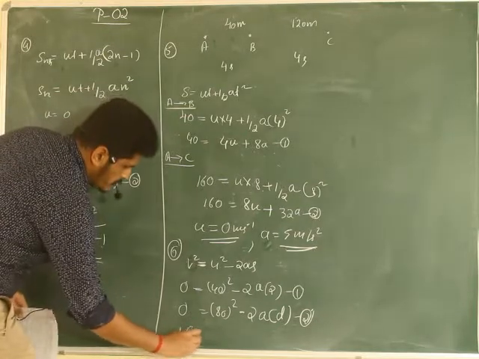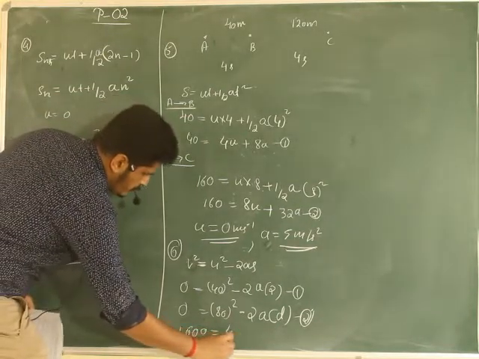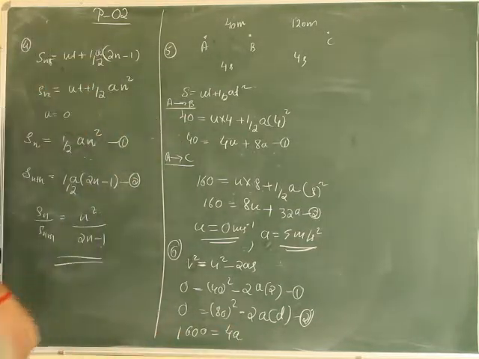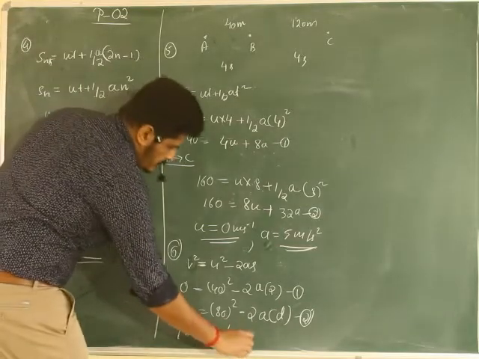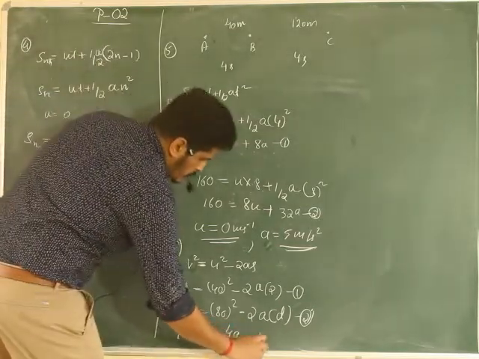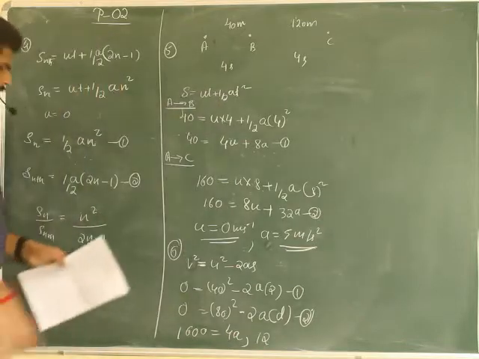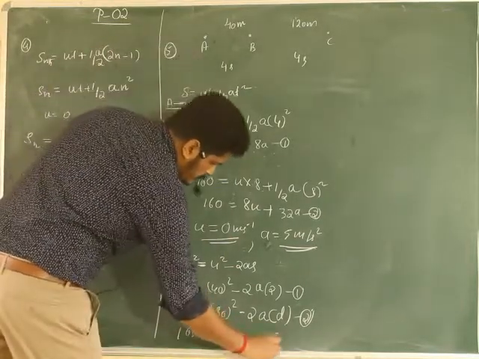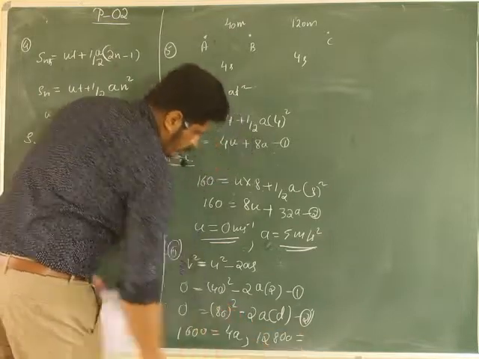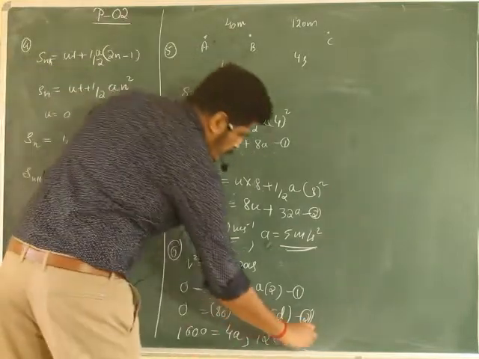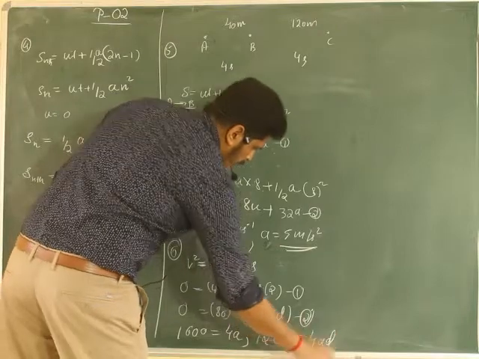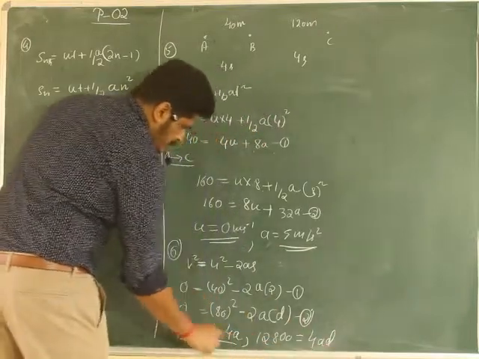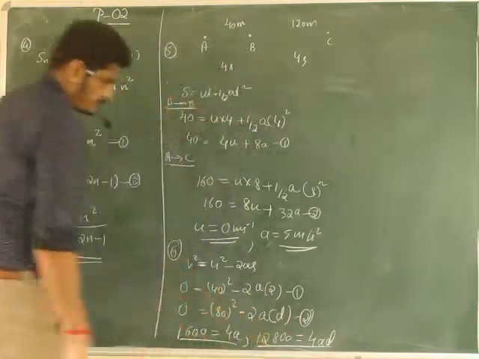That is 1600 equal to 4a, and next, 6400 equals 2aD, like this you will get after substitutions.